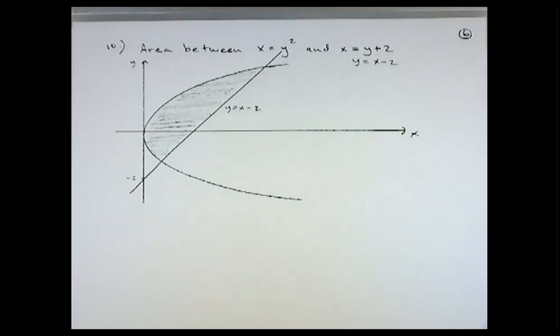Now let's just do this one way. Let's decide what's the best way, whether to have vertical rectangles or horizontal. Which one do you think would be better here?